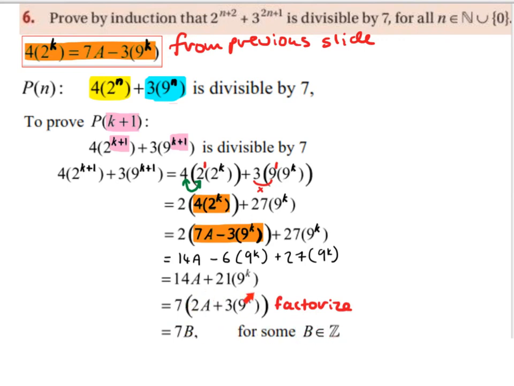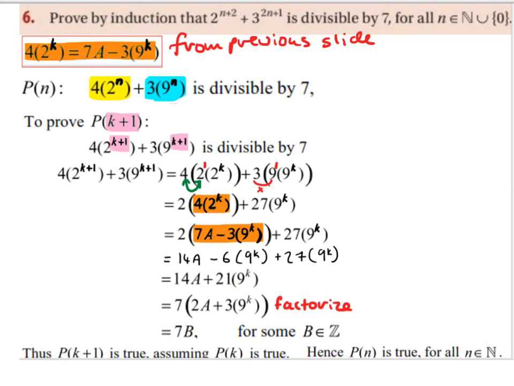So it doesn't matter what this is, it's some positive or negative whole number. So we end up with 7 times b, or 7b. Thus, p of k plus 1 is true, assuming p of k is true, which we did on the previous slide. And hence, p of n is true for all n values elements of the natural number set, but also including 0, as we already proved.